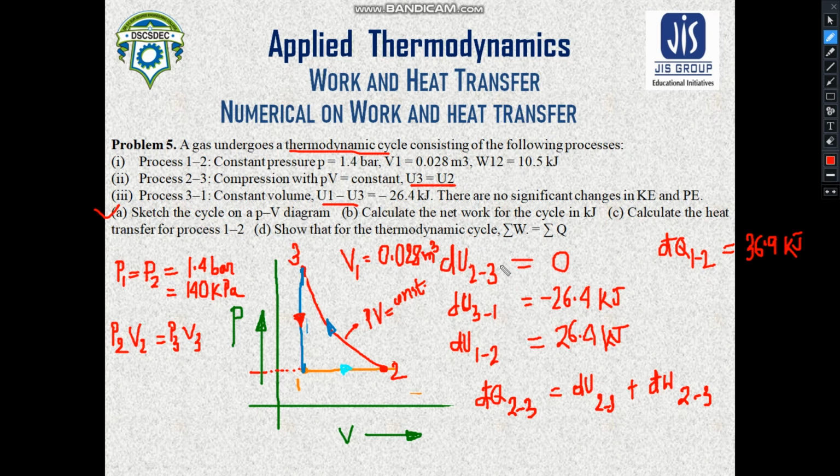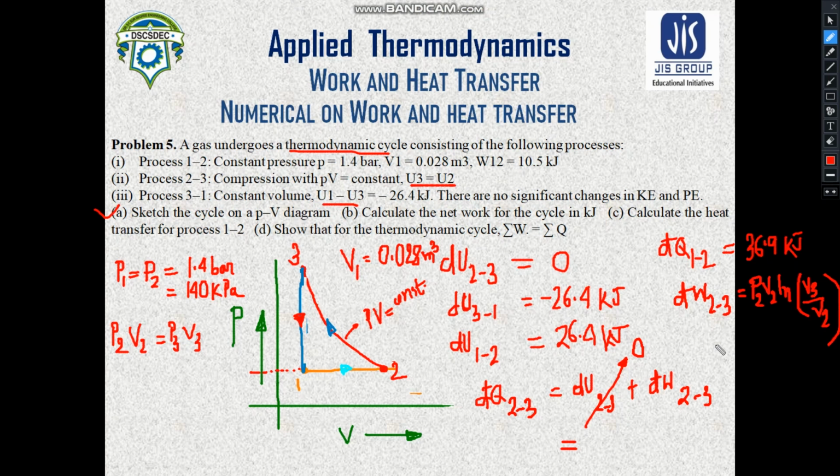That means there is no change of internal energy here. So this becomes 0, and you have dq 2 to 3 is equal to dw 2 to 3. So you need to find out the work transfer here. Since it is an isothermal process, you know that we can find out dw 2 to 3 by the formula.